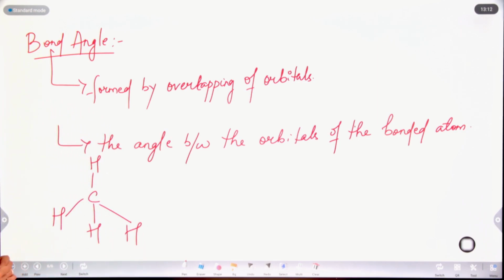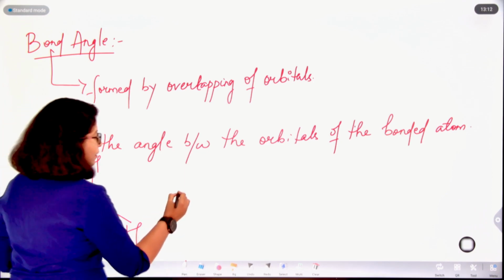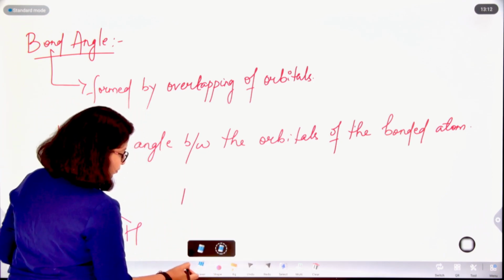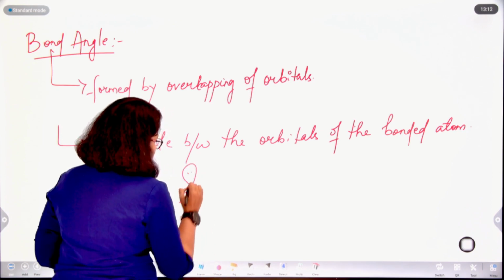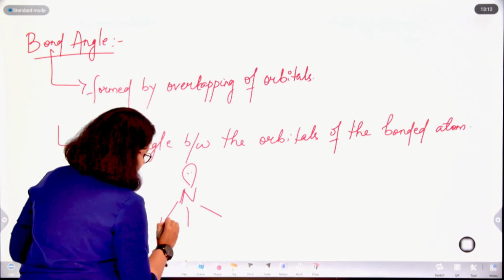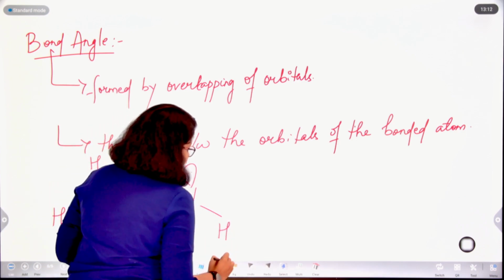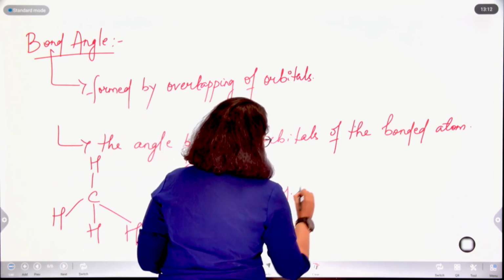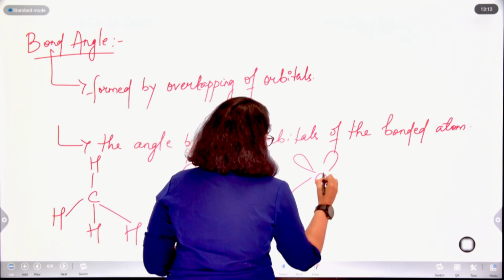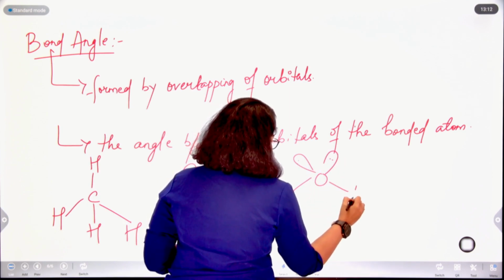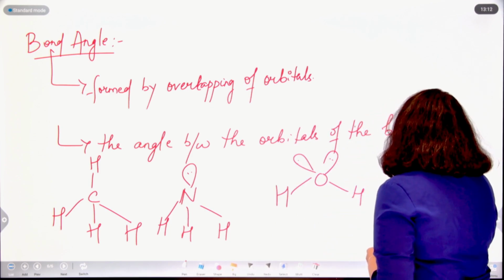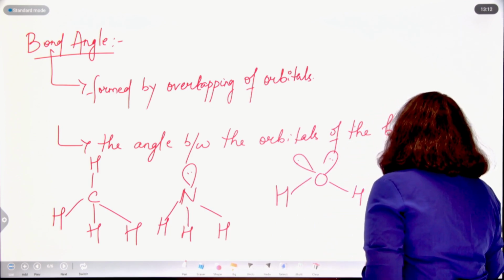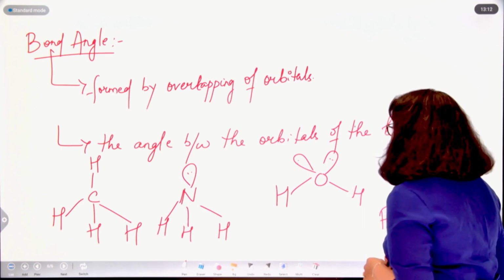So in case of methane, we have ammonia, then again we have water, okay. Lastly we have PF3.